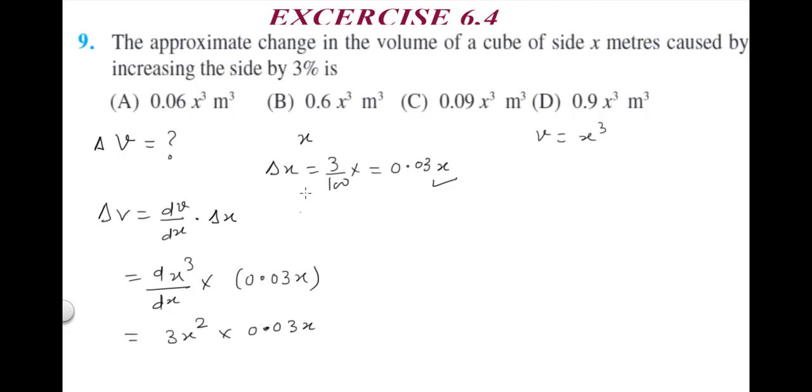Just see, you have x cube at the end and you will multiply 3 and 0.03. So you have 0.09 x cube, right? You can just write cubic meter here for the unit. So the change in volume is 0.09 x cube cubic meter, which is your third option. So this will be the correct answer.